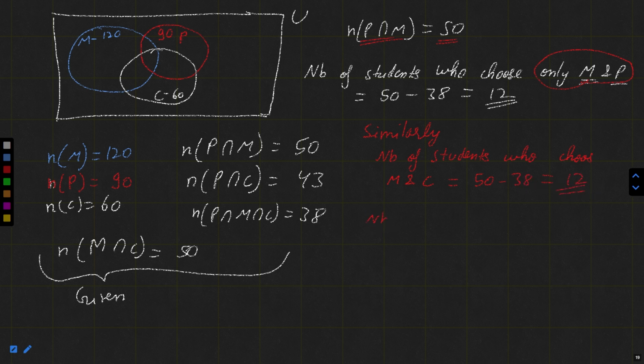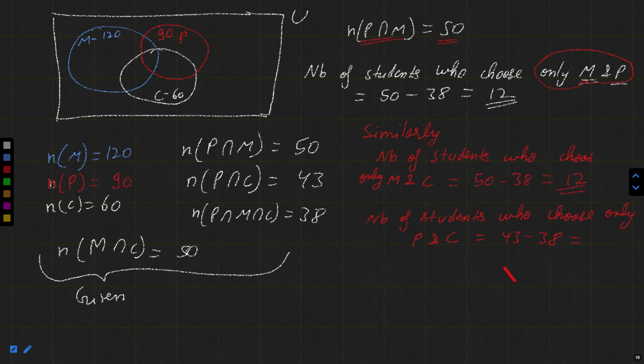Similarly, the number of students who choose physics and chemistry only, as their subject, is 43 minus 38, which is 5.